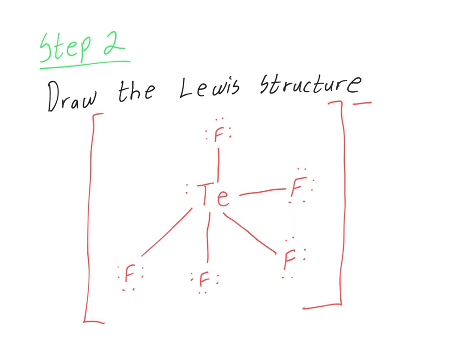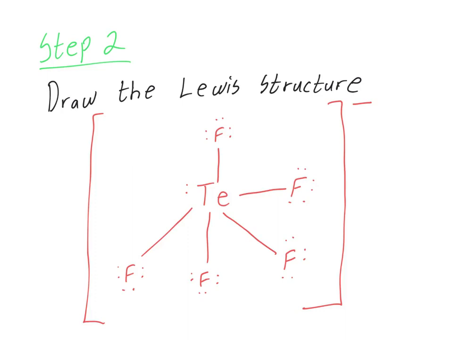Now, looking at this Lewis structure will help us determine the VSEPR shape of the compound. But first, we would want to see the model in a molecule kit, and there are 6 electron groups.